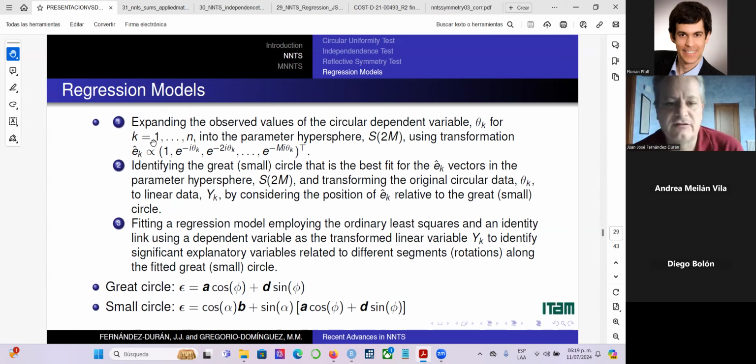Again, m has to be defined as the best value to make correct use of the regression models. Then, when the data is projected onto the unit hypersphere, that is the parameter hypersphere, we try to find the best great circle or small circle that represents the regression line in the case of the hypersphere.